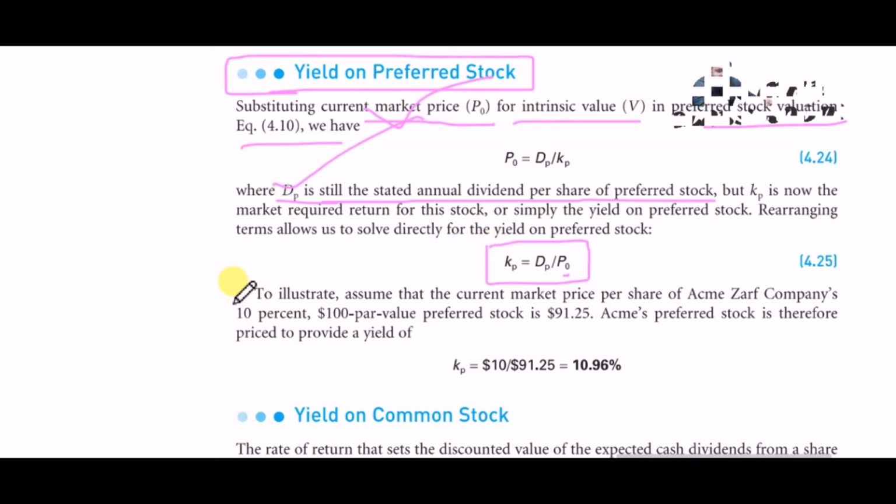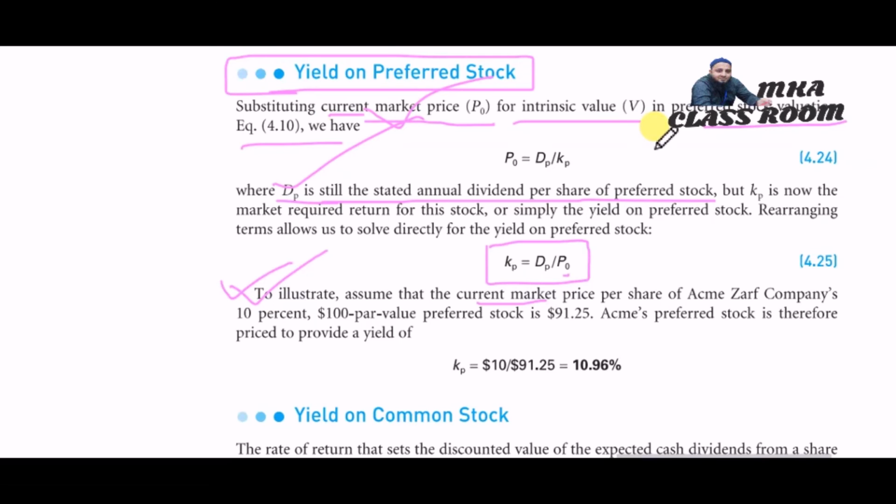Then as an example, assume that the current market price per share of ZARF Company's 10%, 100 par value preferred stock is 91.25. That is, the current market price is 91.25. Our formula says that we use the current market price instead of intrinsic value.